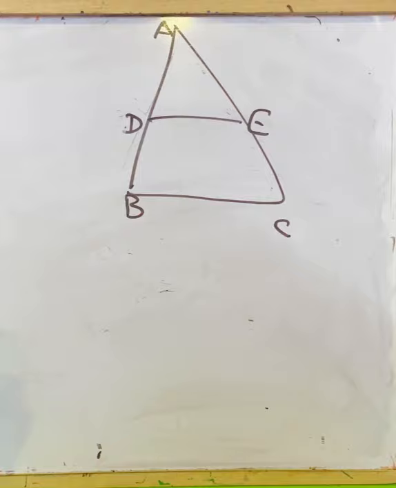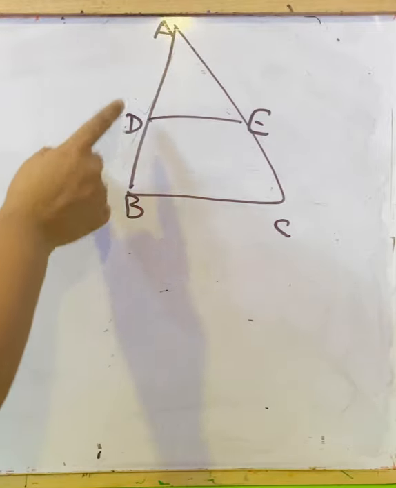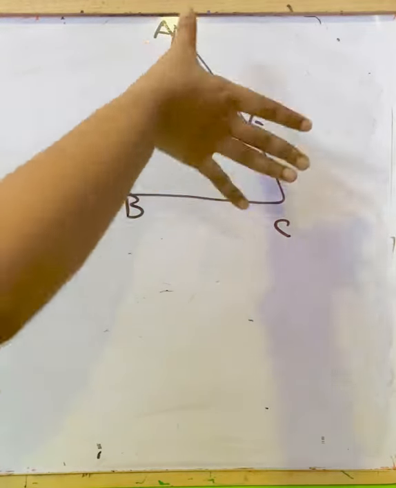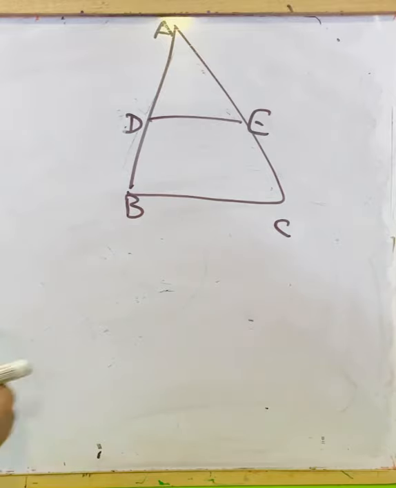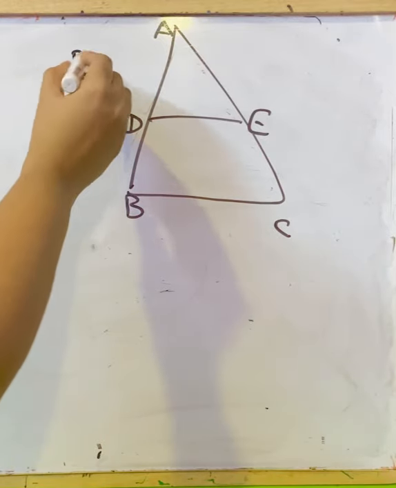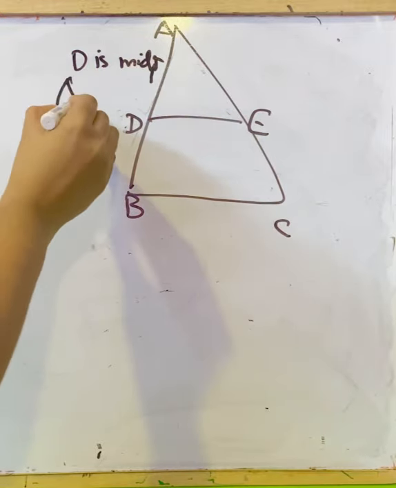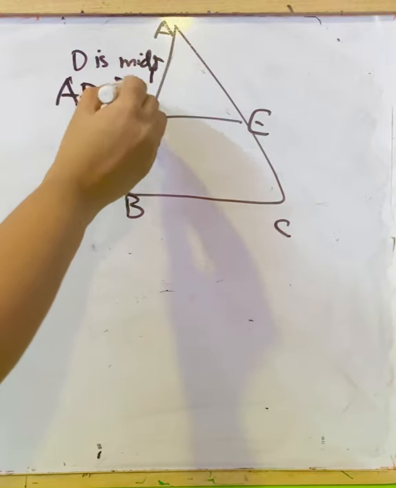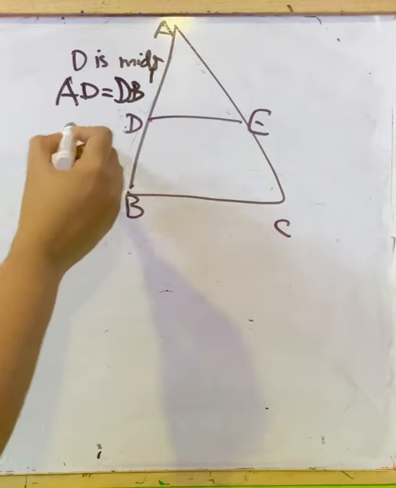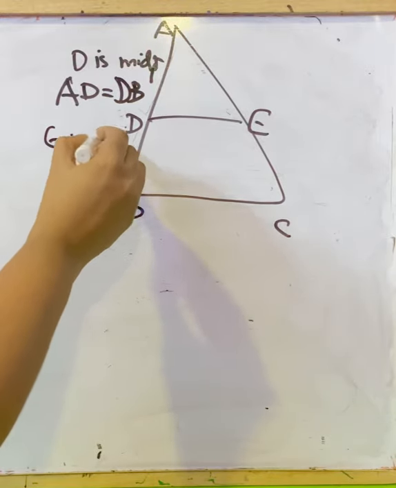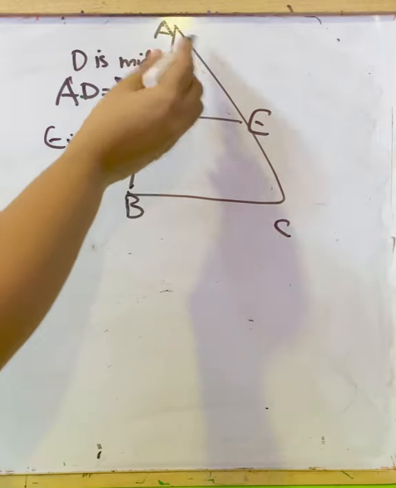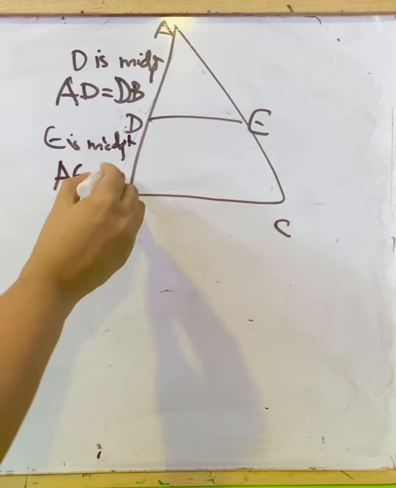The only thing given in the question is D is the midpoint of AB, E is the midpoint of AC. Now let us write. Here D is the midpoint. Then we can say AD equal to DB. Also E is the midpoint. Then we will write AE equal to EC.